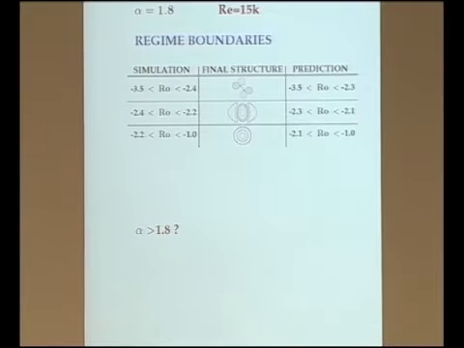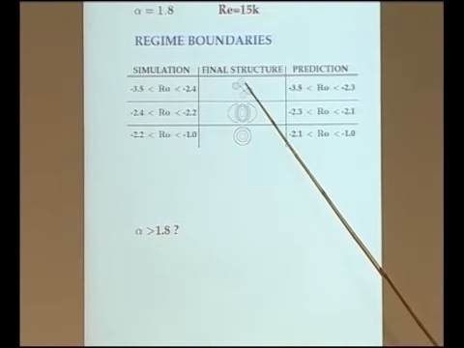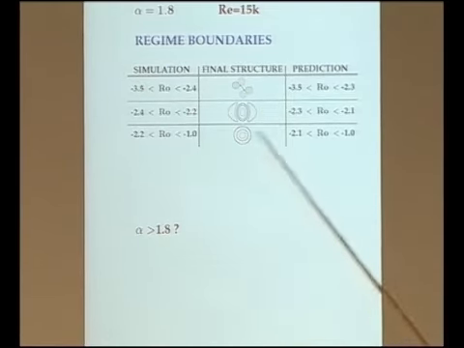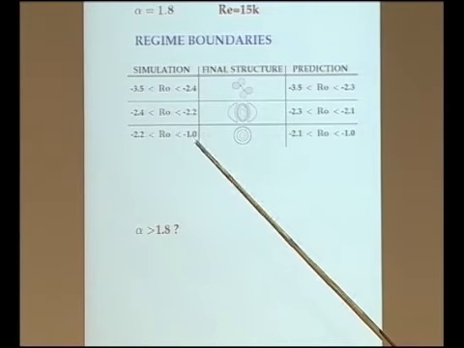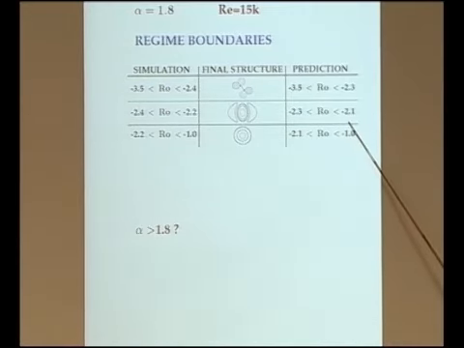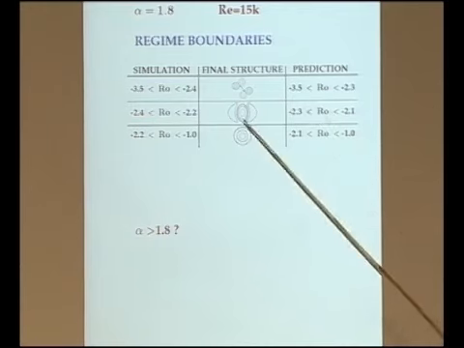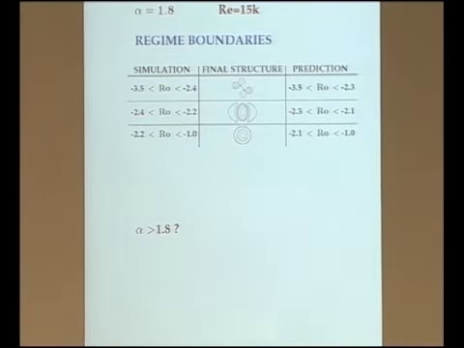So I've simulated from Rossby number -1 up to Rossby number -3.5 to look at where the end products are different. In this regime, you get monopoles, so the centrifugal instability isn't strong enough to actually push you into a barotropic instability. And here we get tripoles, and here we get double dipoles. But the regime boundaries match up fairly well.